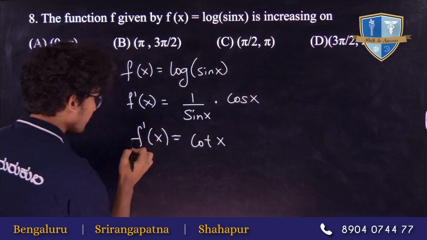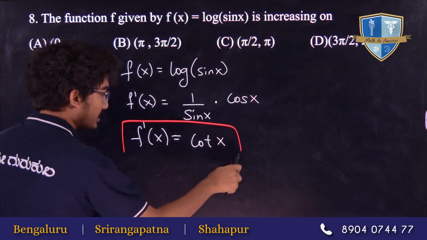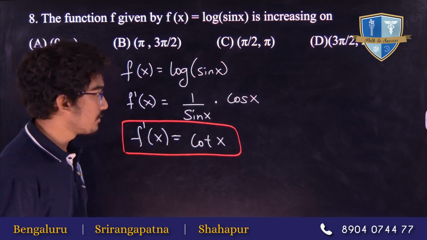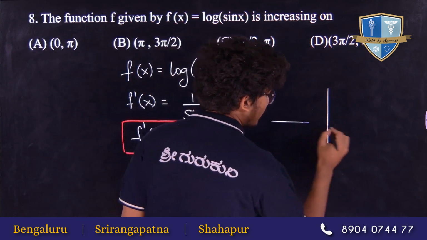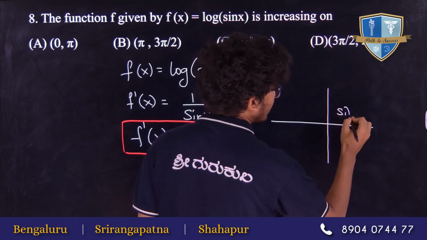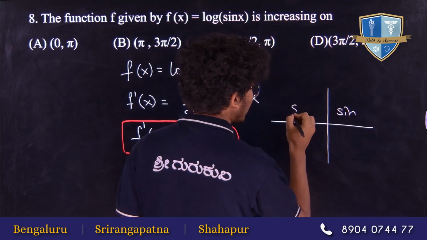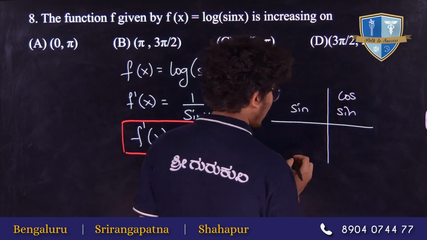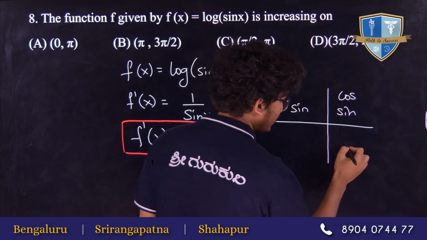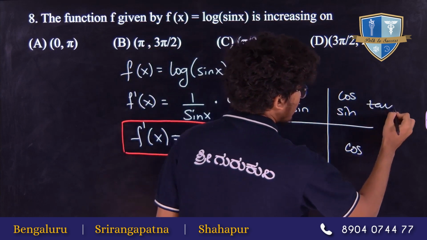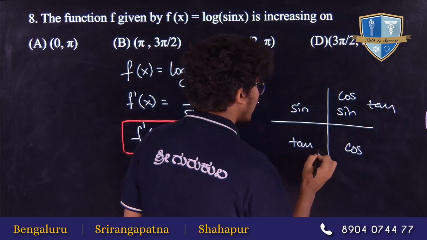So in which interval will this be positive? This will be positive in that interval where cot is positive. So if you remember, in trigonometry, sine is positive in first quadrant and second quadrant, correct? Cos is positive in first quadrant and fourth quadrant, and tan is positive in first quadrant and third quadrant.